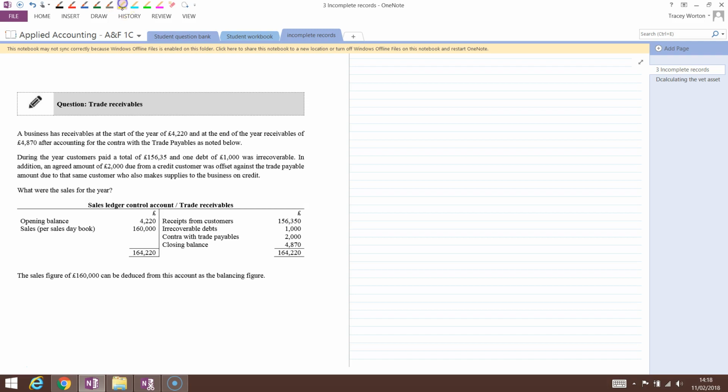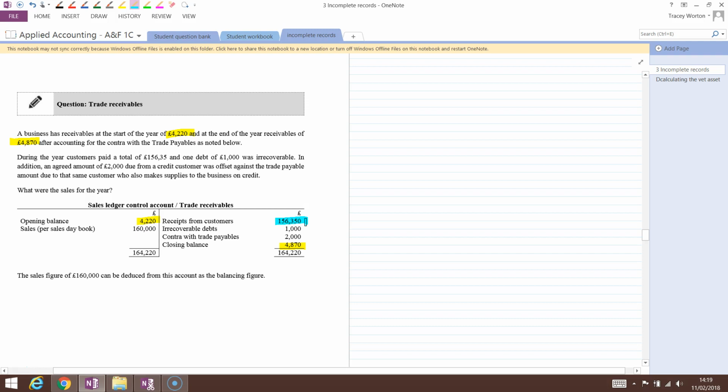So if we have a look at the information that's been put into the account, we've got an opening balance of 4,220. We've got the closing balance to put on the credit side of 4,870. And we know that we've got receipts from customers that have paid 156,350.